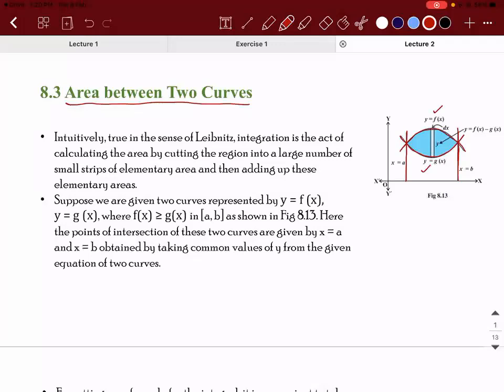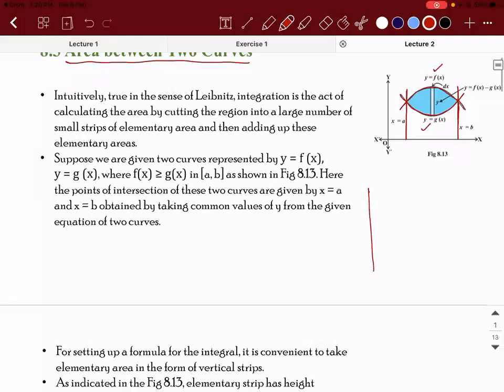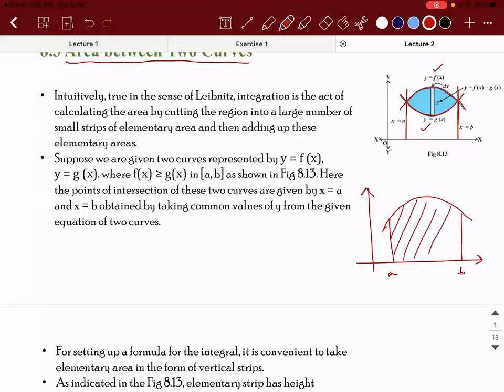Then what you're supposed to do is try to understand, had it been only f of x, then what we would have done? We would have calculated this area by integral of a to b f of x dx.